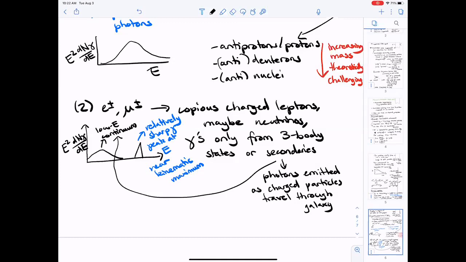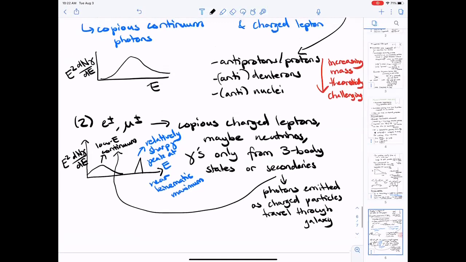Question? I might have missed this. Do you care about photons that come from pairs of electrons annihilating? Good question. The question was, do we care about photons that come from pairs of electrons annihilating? So if you produce positrons in here, we generally don't care about photons that come from the positron and the electron that came from the same annihilation finding each other and annihilating.